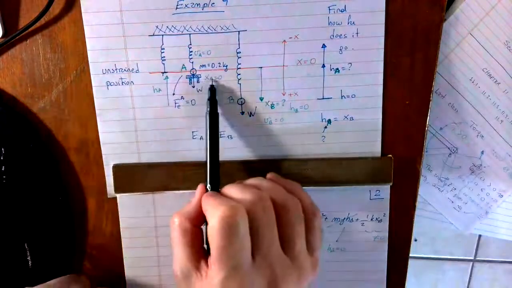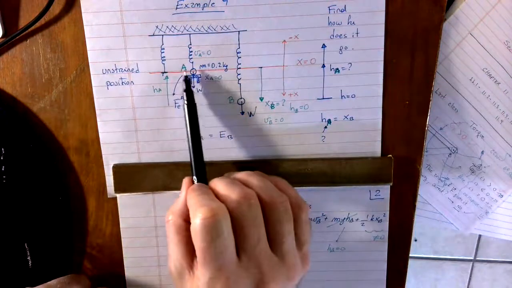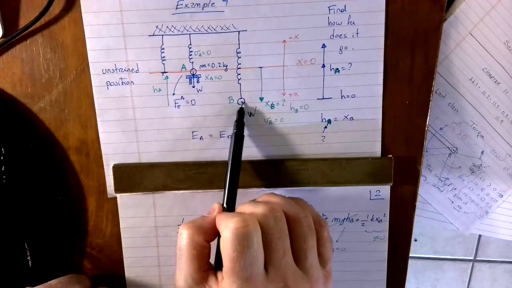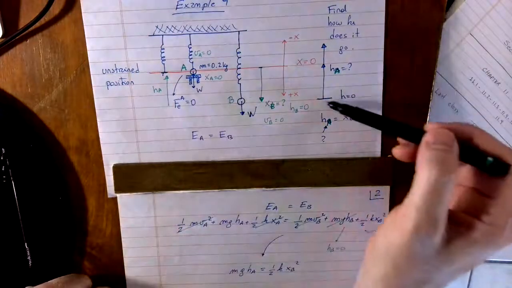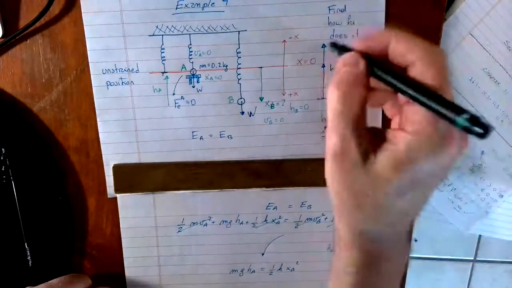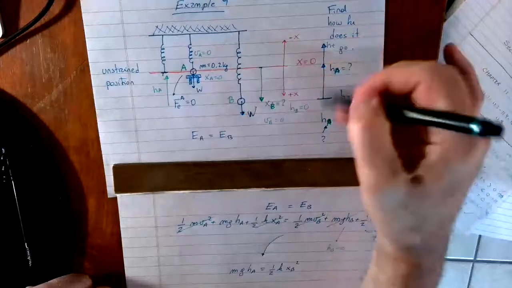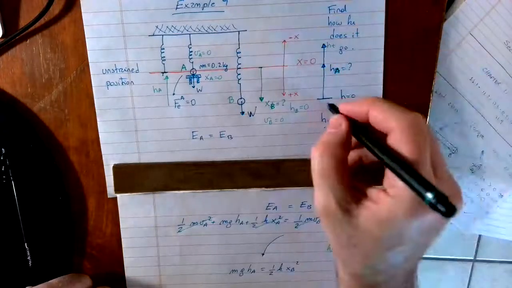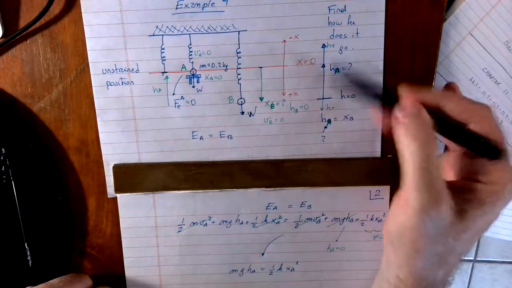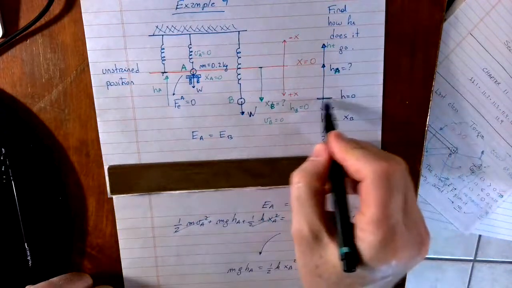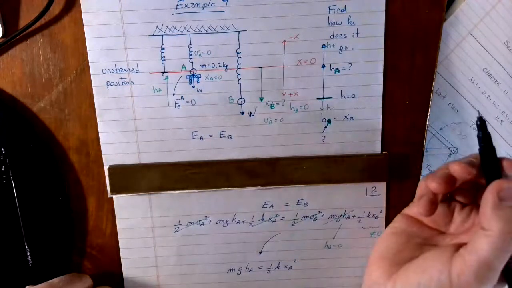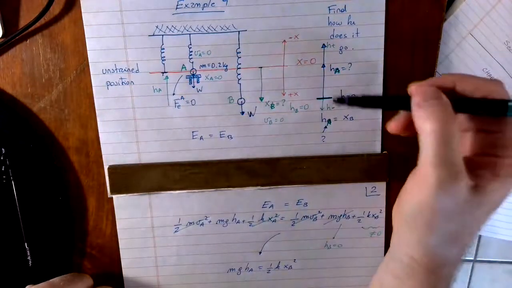So X initial is 0, because I'm starting from here and ending right here. Now, for the case of H, the coordinate system is different. H is positive going up, and negative going down. This is H negative, and the H0 is right here.